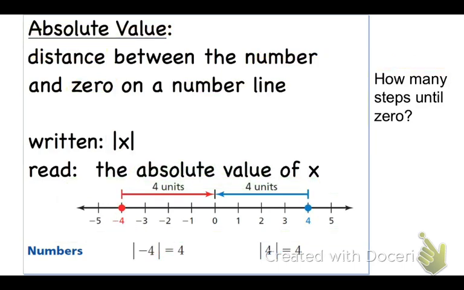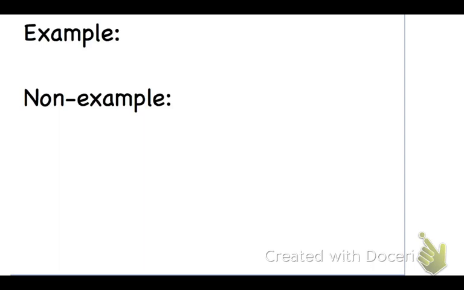So now we already did our examples, but let's talk about some non-examples. If I had the absolute value of -4 equals -4, that would be a non-example, because absolute values always come out as positive numbers.